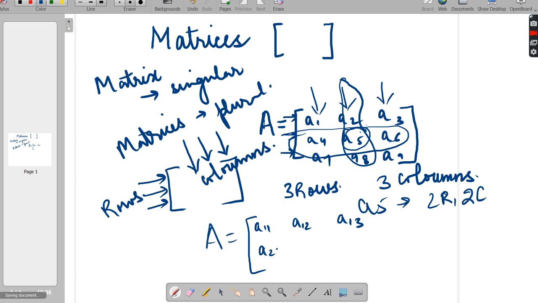Now second row, first column, second row, second column, second row, third column, third row, first column, third row, second column, third row, third column. So this way you can identify the place value of different elements in a given matrix.